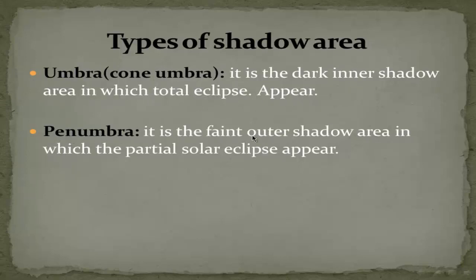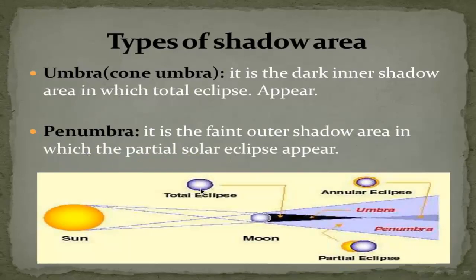It is a faint outer shadow area in which partial solar eclipse appears. We can understand more when we explain on this picture.